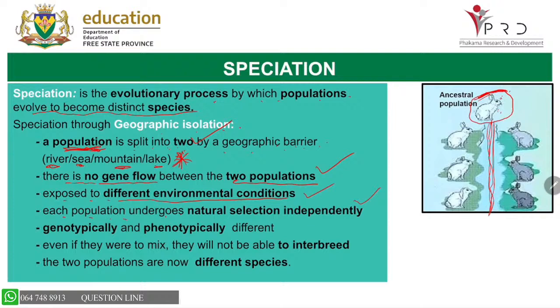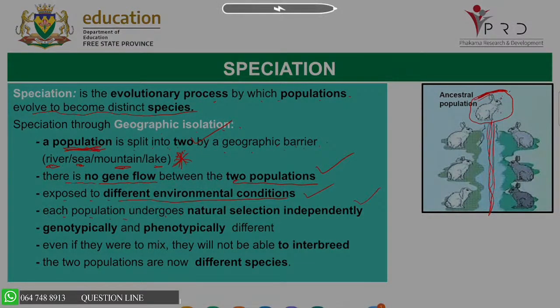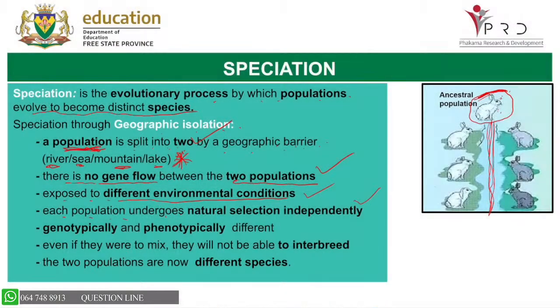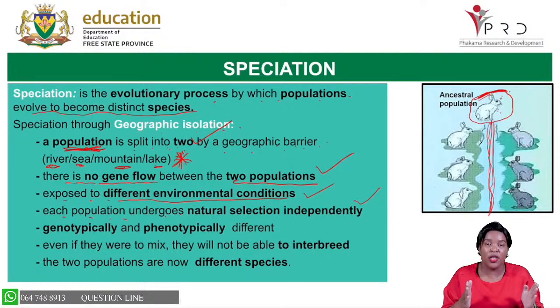Now, you cannot say that there is natural selection and then you explain it. Don't explain it. Just say that they undergo natural selection independently. We will understand what you're saying, that those ones with the favorable characteristics survived. You don't need to mention that. Just say that this population underwent natural selection independently.